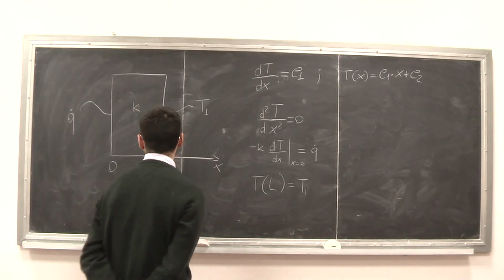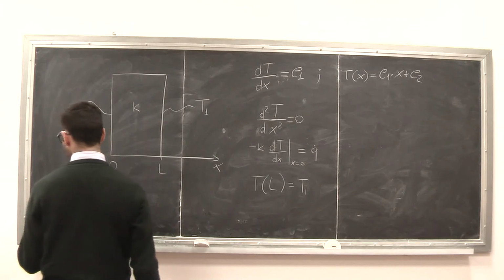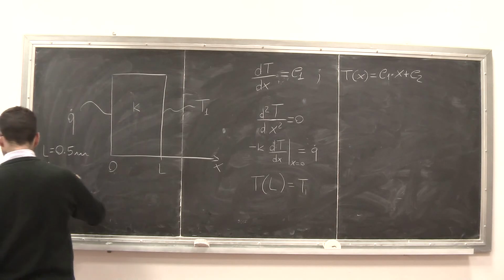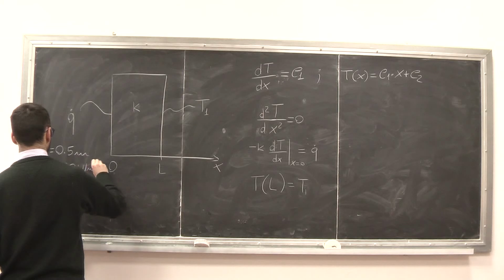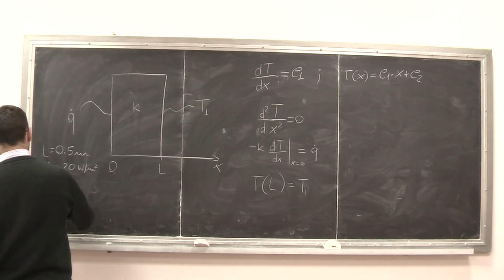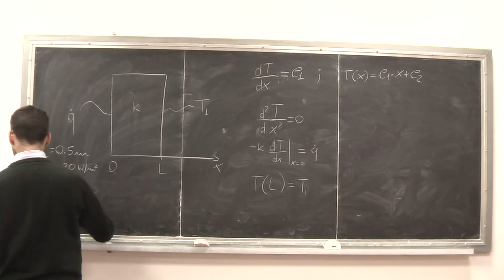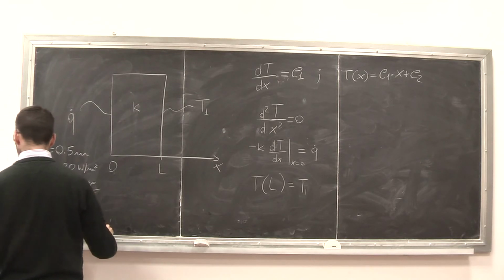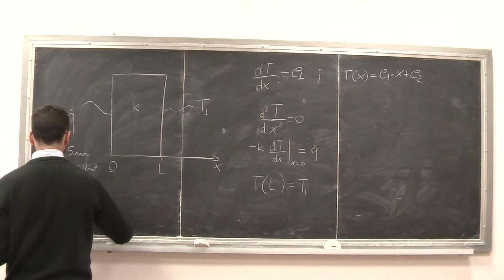So, the data for our problem are that L is equal to 0.5 meter, Q dot is equal to 20 watt per square meter, T in L is equal to 70 Celsius degree, and the area of heat exchange is equal to 20 square meters.